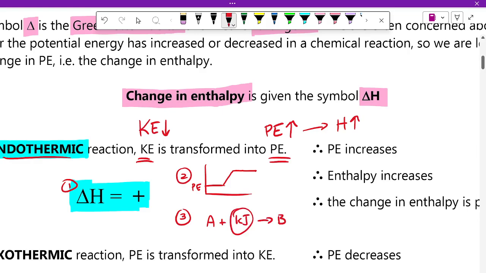Those are three ways you can recognize that something is endothermic. If you are given one of those, you should be able to write the other two. Does that make sense? So if I give you something where the kilojoule term is in the reactants, you should be able to draw a graph that goes up. You should be able to state that the change in enthalpy, delta H, is positive. Okay?